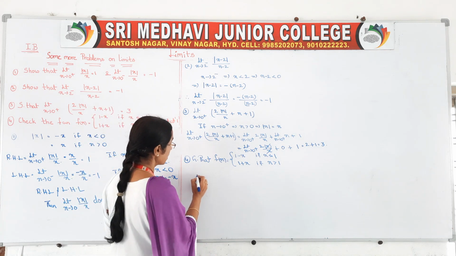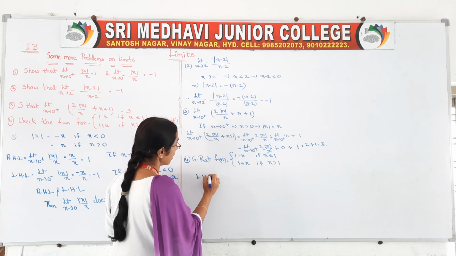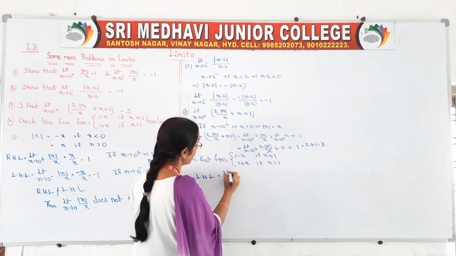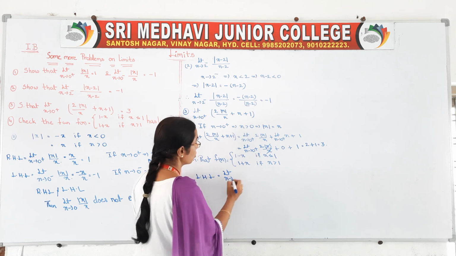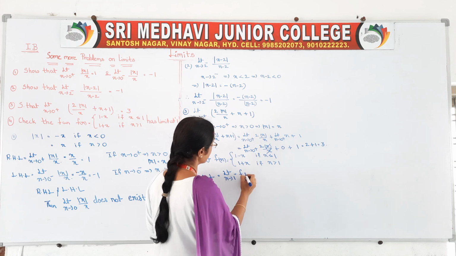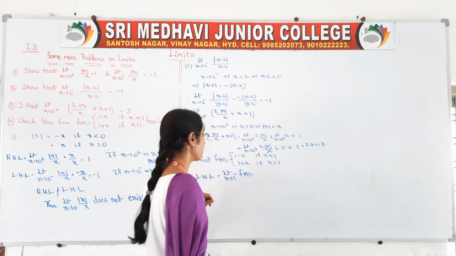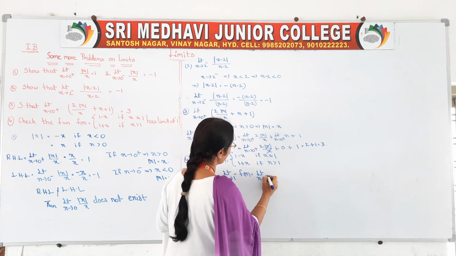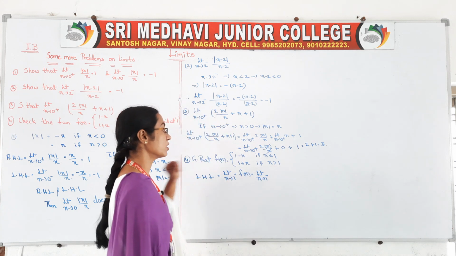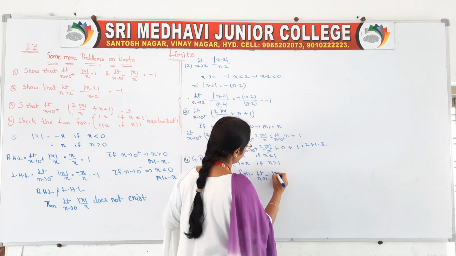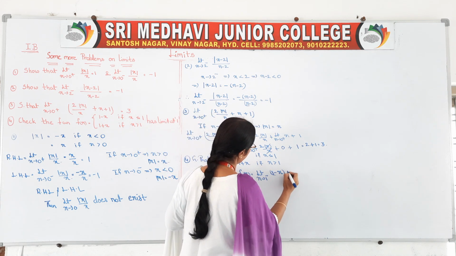So first you take the left hand limit. Left hand limit is equal to limit x tends to 1 minus of f of x. So it is equal to limit x tends to 1 minus, whenever x is less than 1, your function is 1 minus x.